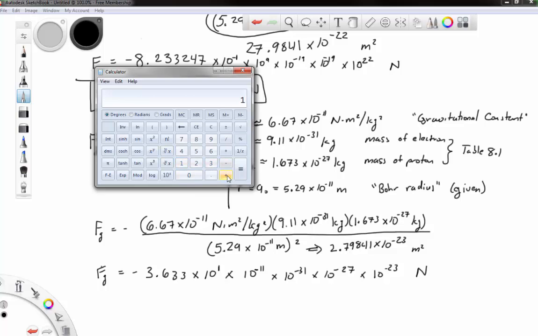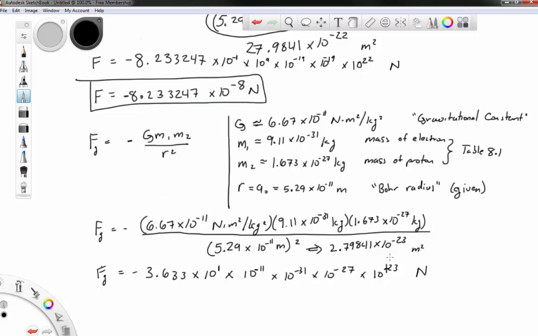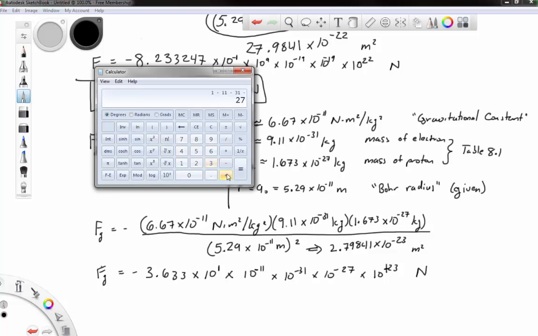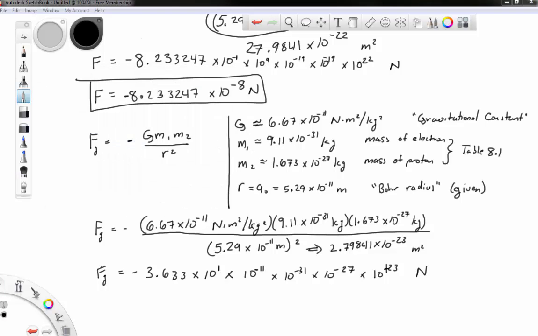So we have 1 minus 11 minus 31 minus 27, and then this last one is actually a plus 23 because it was in the denominator as a minus 23, so in the numerator it's a plus 23. We come out with 3.6 times 10 to the minus 45.